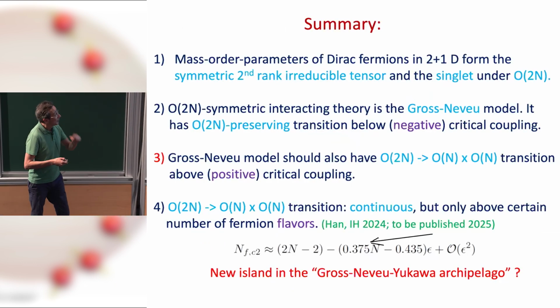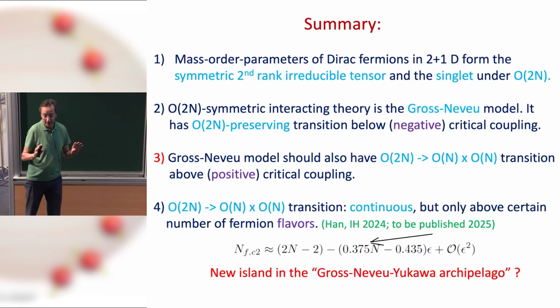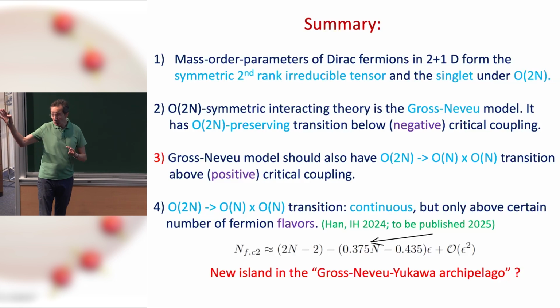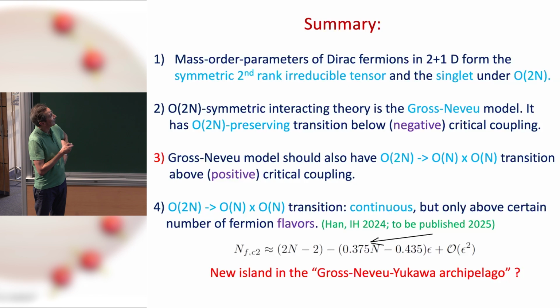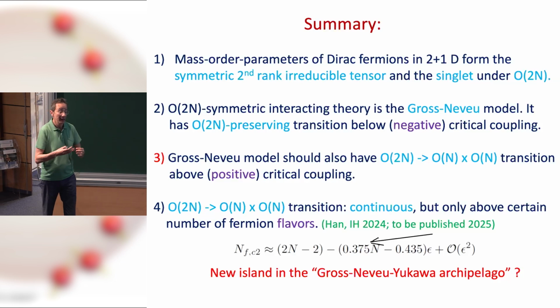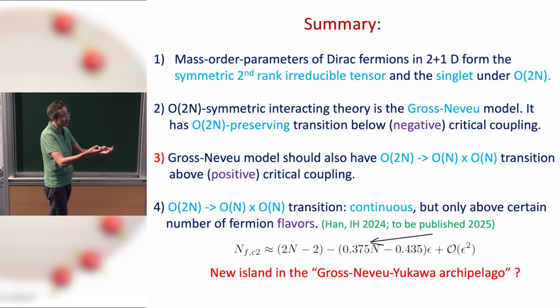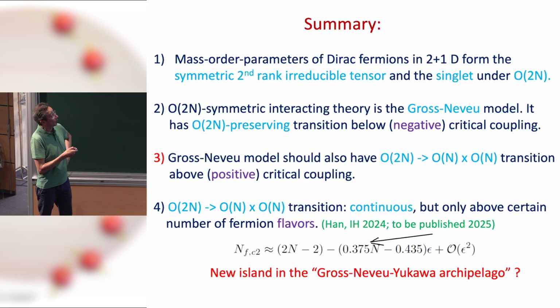So let me just summarize the story. One part of the story was just simple algebra. Apart from terminology, this boils down to the fact that all these order parameters that, in a sense, play a role of a Dirac mass, in other words, if they get generated or put by hand, you would just have a relativistic mass in the Dirac Hamiltonian, can all be organized into a representation of the group, let's say, O8 for the spinful fermions.